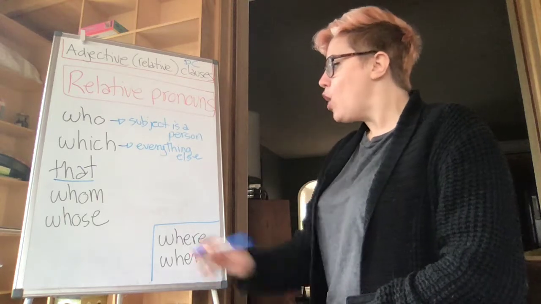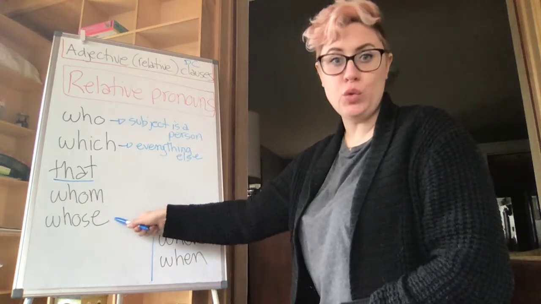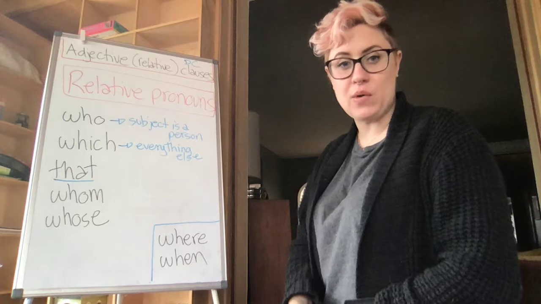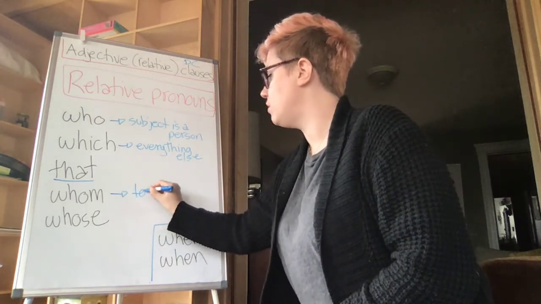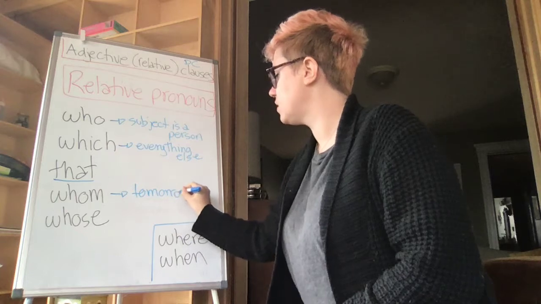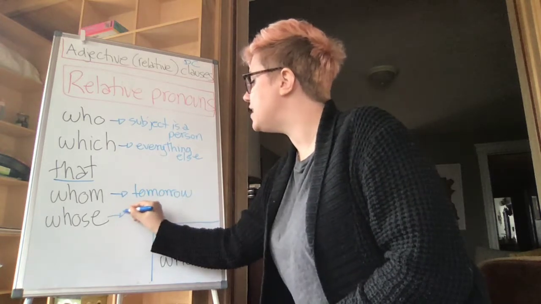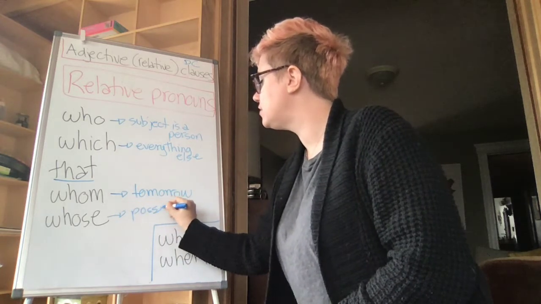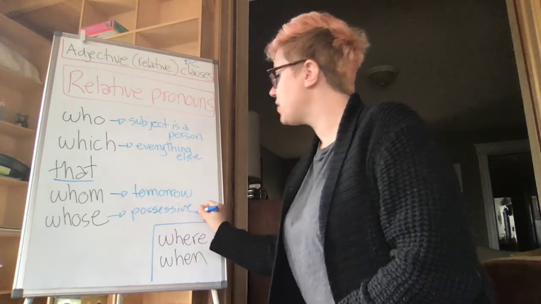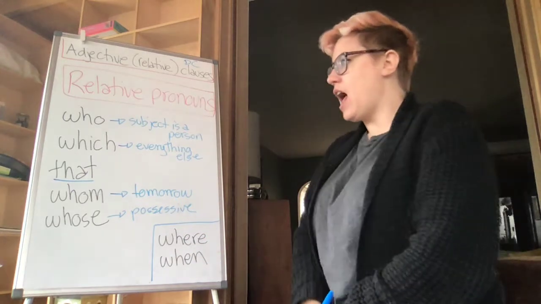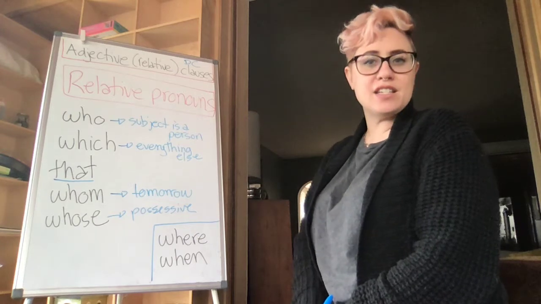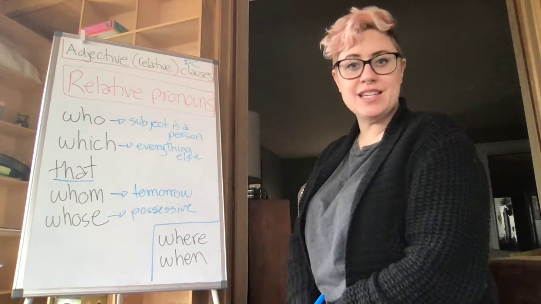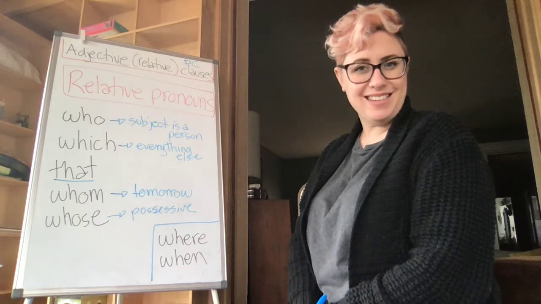Okay. We also have whom or whose as possible relative pronouns. Whom we are going to talk about tomorrow. And whose is possessive. So I can say, my cat, whose name is Baby.